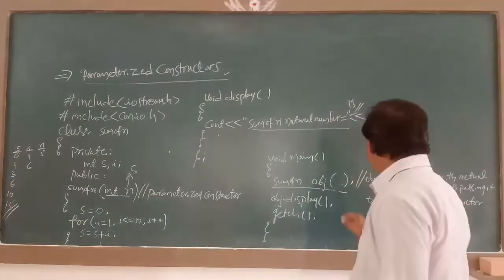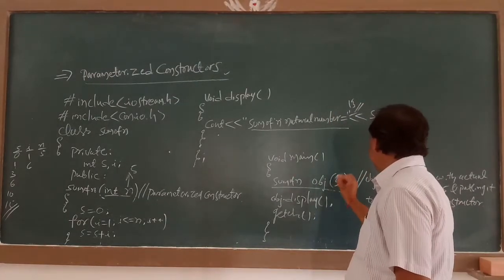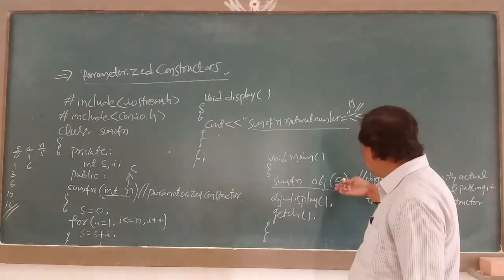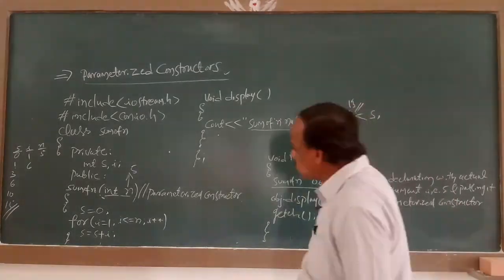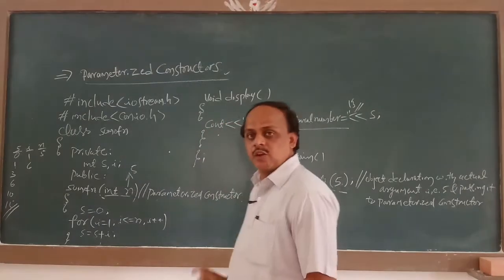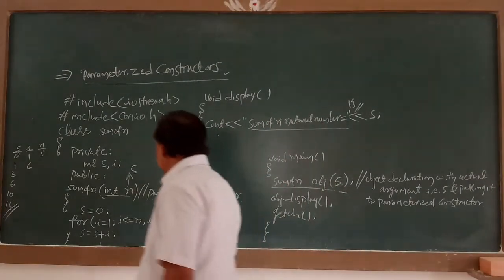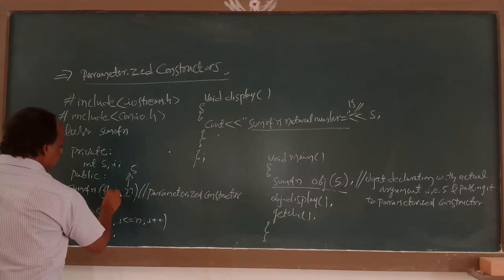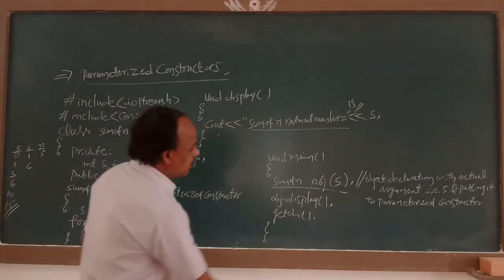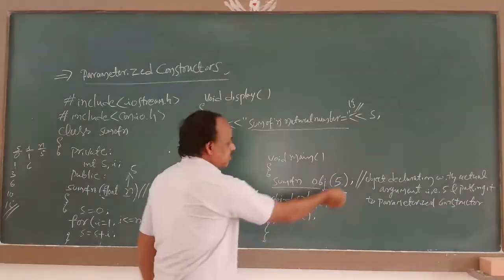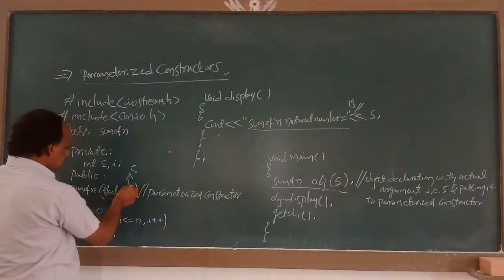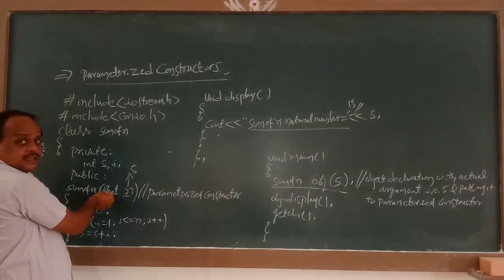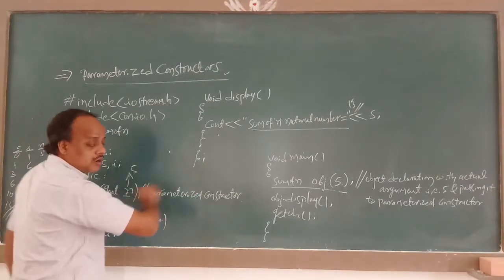For example, here I am passing 5. This is the actual argument. The formal must also be int, then no problem. Suppose I declare float n, while the actual value is integer type. This 5 comes here, but the data type is float, so the parameters are not matching.